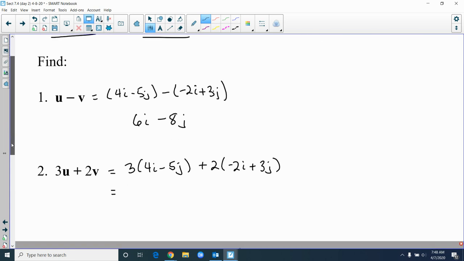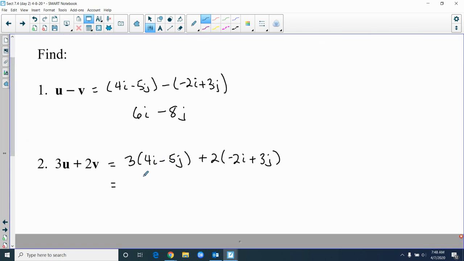Just like normal operations, distribute: 3 times 4 is 12i minus 15j, plus negative 4i plus 6j. Combine your i's and your j's: 12i plus negative 4i is 8i, negative 15 plus 6 is negative 9j. So that's 3u plus 2v.